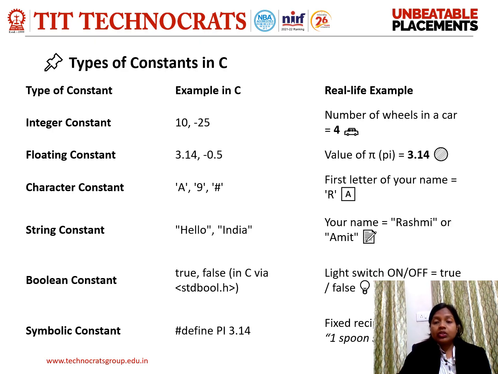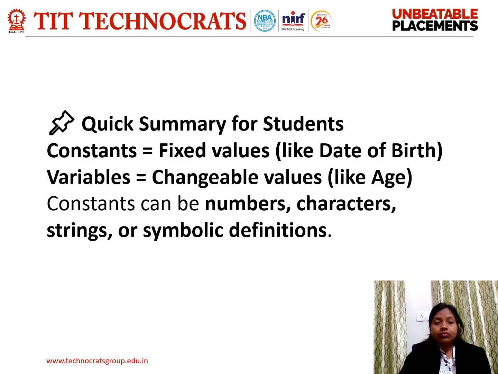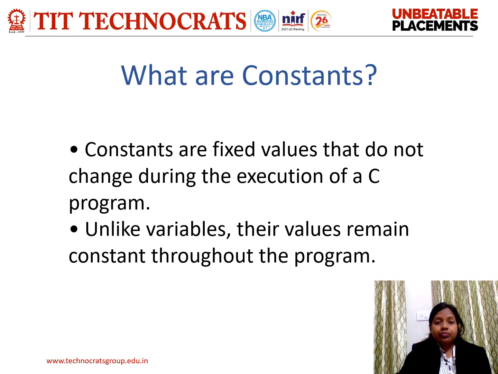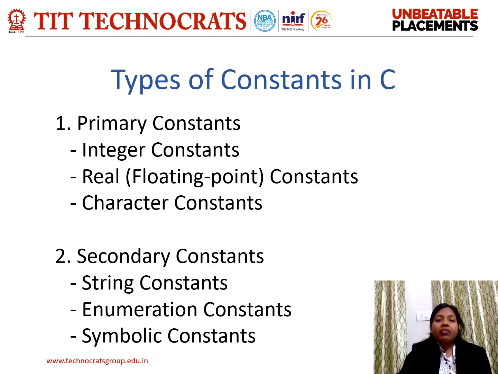Okay, now symbolic constant. We have two types of constants. In primary constant, we have integer, real constant, character constant. In secondary, we have string constant, enumeration and symbolic.